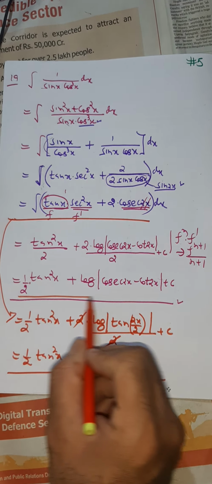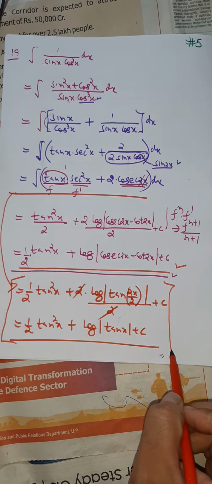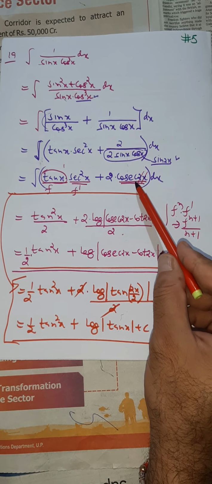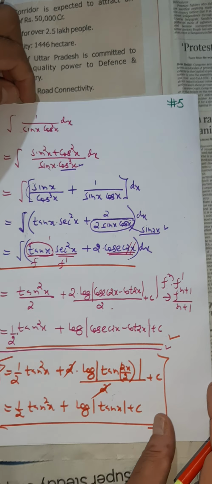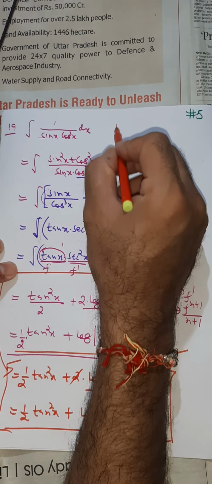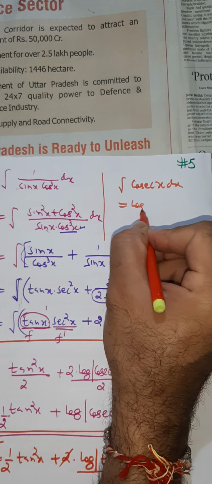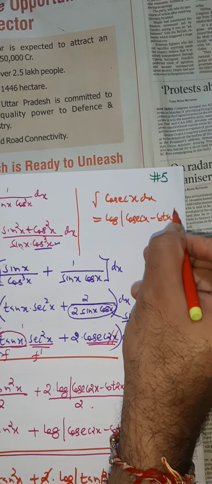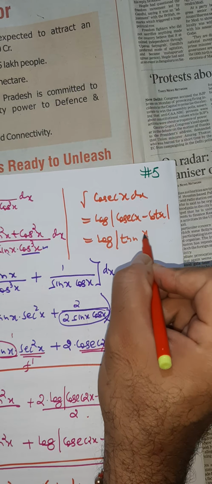If you keep it in this form, it is perfectly right, but I've just shown that this is your backside answer, remember. In a subjective question, you can use any formula of sec x. I'll just remind you, sec x has these two integrals. One integral is log of mod of sec minus tan, and another one is log of mod of tan x by 2.